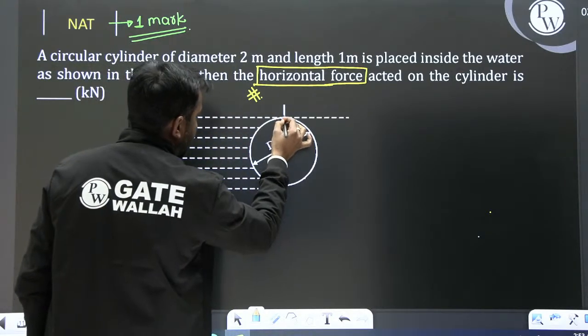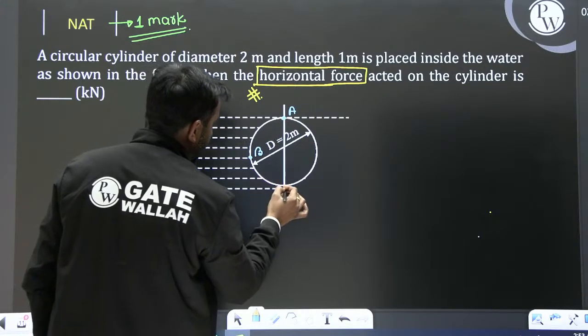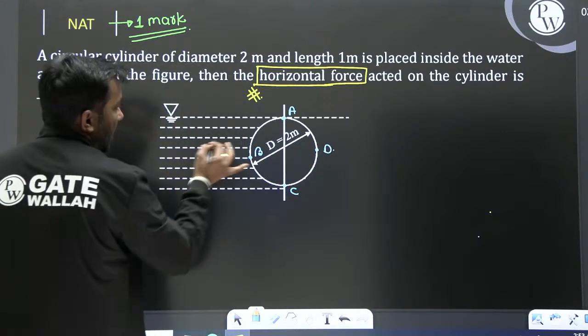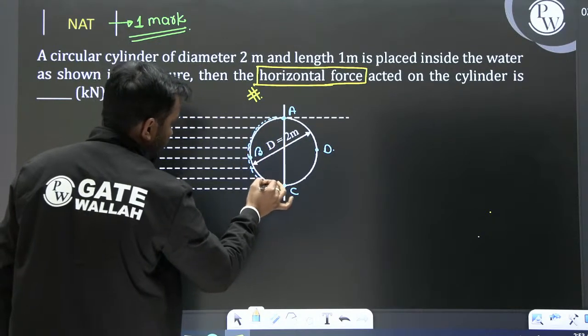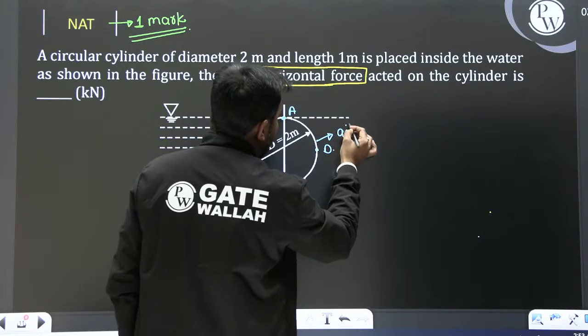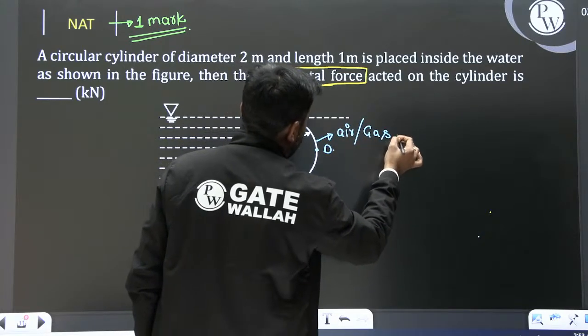Let me note this point as A, this one is B, this point is C, and this one is D. Clear? The fluid is on the left surface, and on the right side you can assume there is air or some other gas.